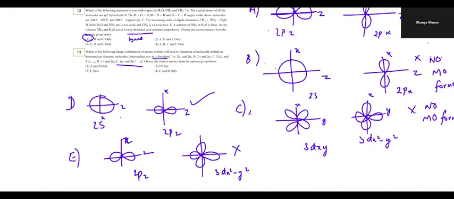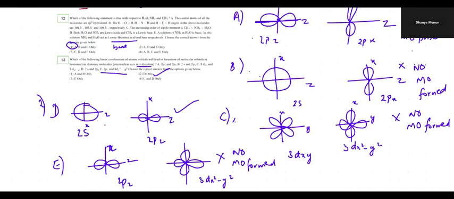No molecular orbital is formed. So our answer is D only. The second option is our answer, that is D only. So this is how we solve it.